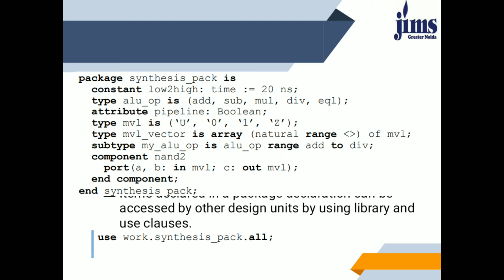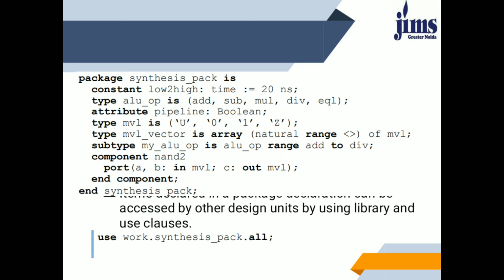We can also use a type MVL, where we can define unidentified value, 0, 1 and high impedance state. We can also define the type MVL underscore vector, which is a kind of array. We can also define the subtype of this MVL or ALU underscore OP, or we can define a component also.